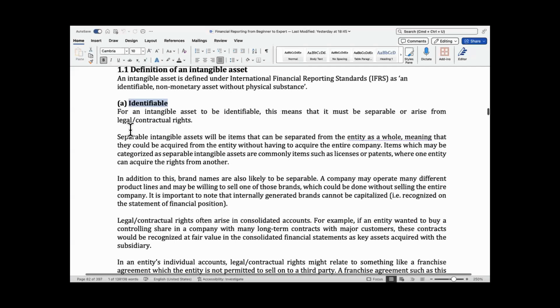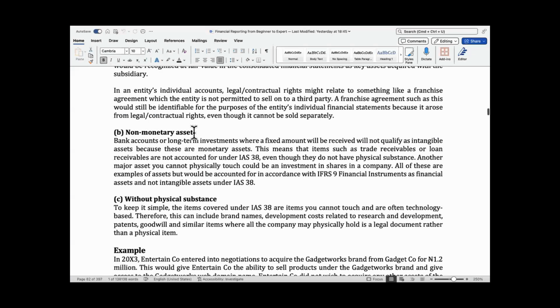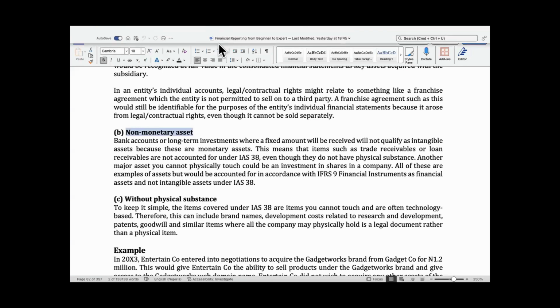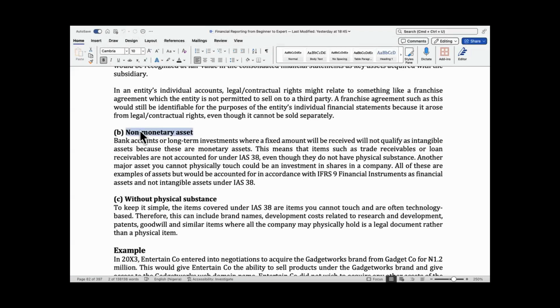Secondly, an intangible asset is a non-monetary asset. And non-monetary means that it is a non-financial asset. That's another name for that. But for me to properly explain non-monetary, I think we need to understand what is monetary. If we can understand what monetary is, then non-monetary will be the opposite.